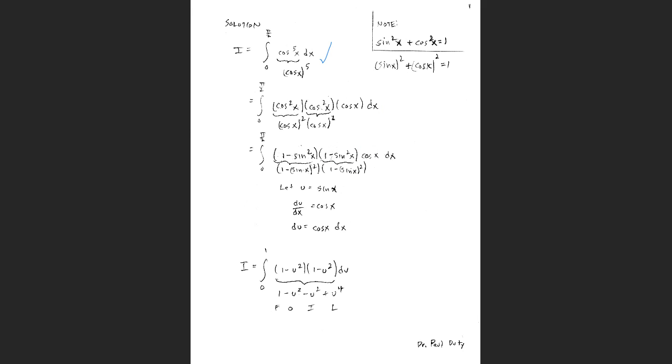We have the cosine of x to the 5th power, and I'm going to write that as the cosine of x squared times the cosine of x squared times the cosine of x. I can write this trigonometric integral this way.